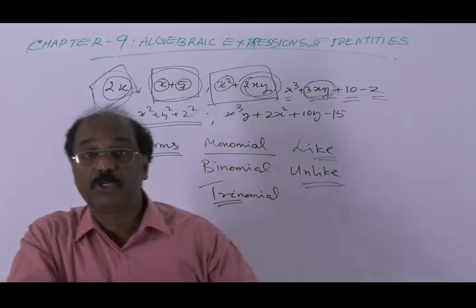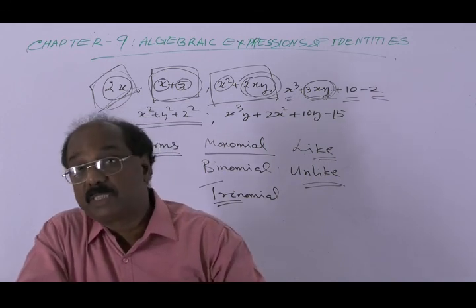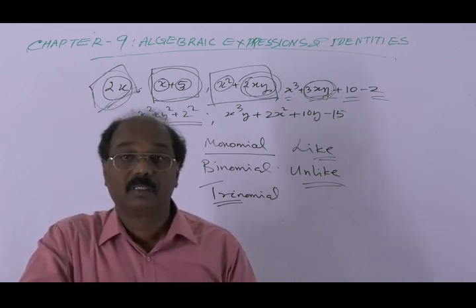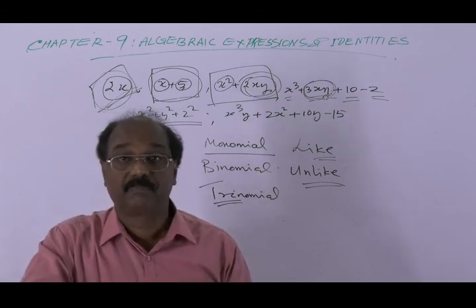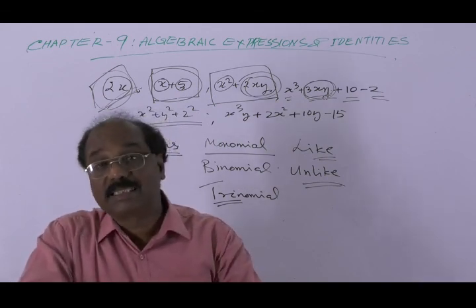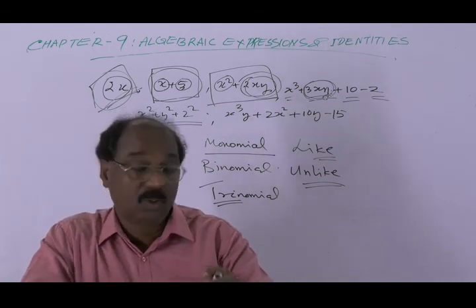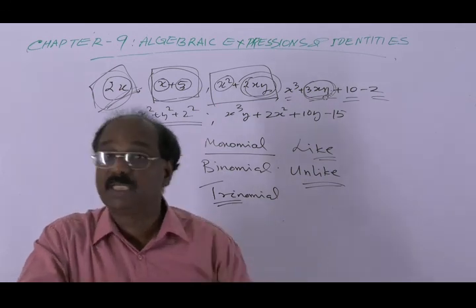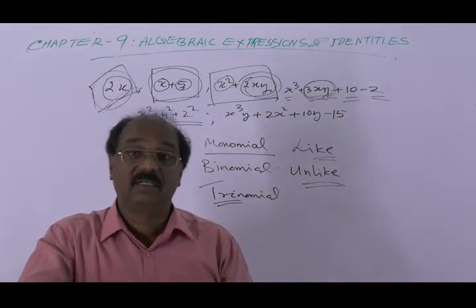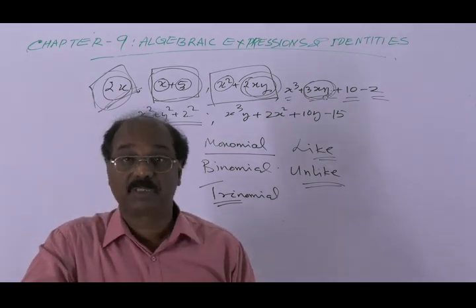In the case of a polynomial, we need some additional information also. A polynomial has certain special characteristics, but as far as you are concerned, those special characteristics are not so important and have no relevance here, and therefore we do not go into the details of that. Anyway, generally we consider these expressions as polynomials. Okay?